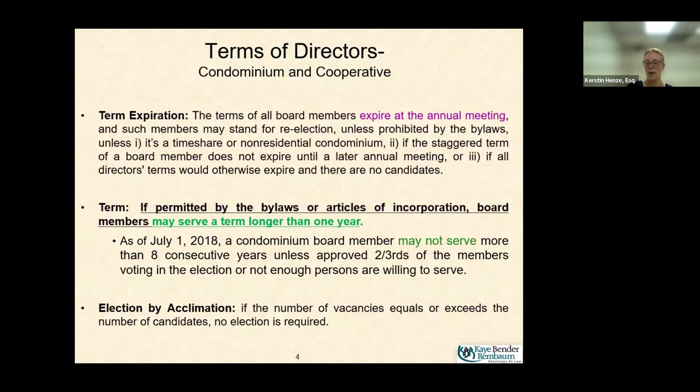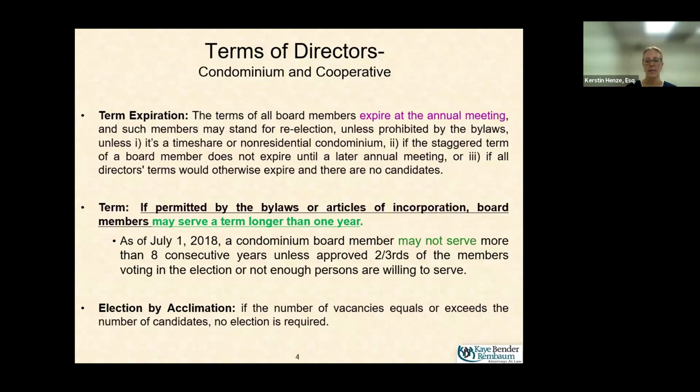So if you have a staggered board of 2 years, your seat might not be up until not the next election, but the following. Your seat does not expire until your 2nd year in office. Or if a director's term would otherwise expire, but there are no candidates, in which case the board just runs over to the next year.